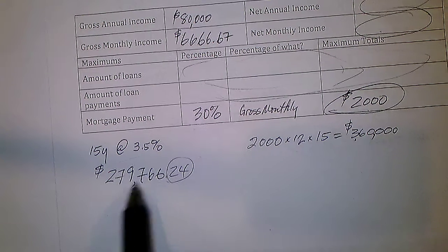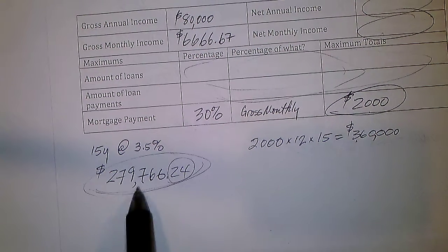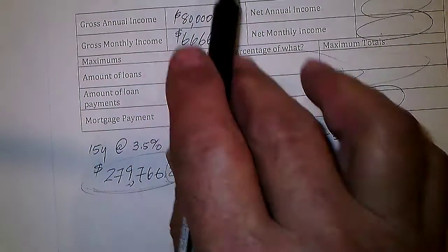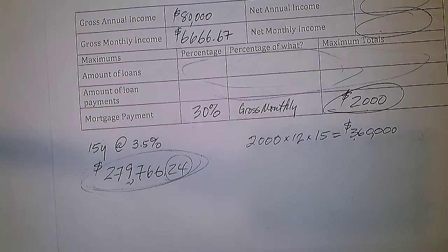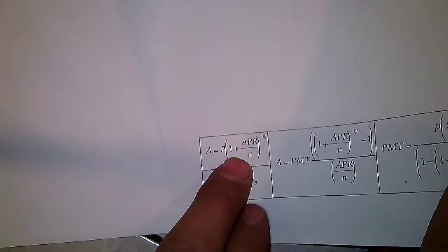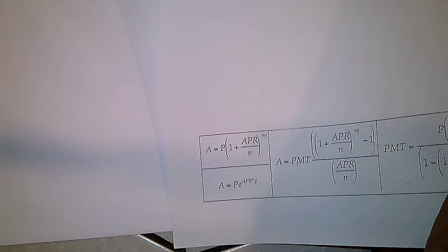But the value of the house, the part that we're loaning on, is going to increase at 1.5% per year. So we're going to use this formula to see how much that house is worth.